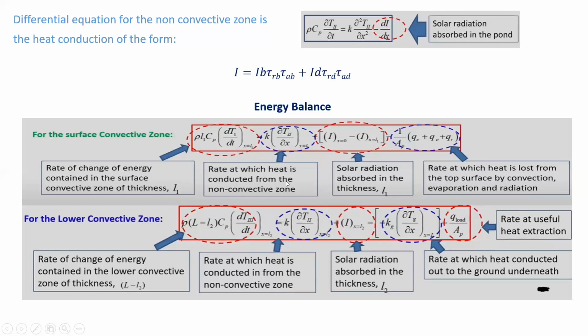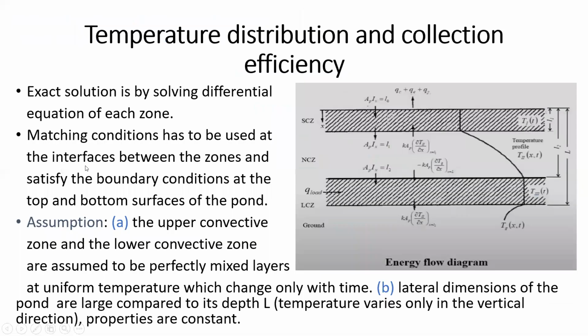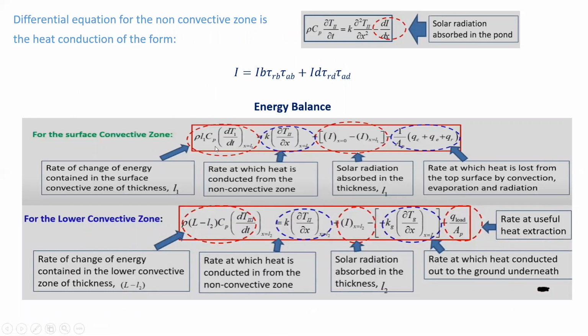The term K ∂T2/∂x at x = L1 is the rate at which heat is conducted from the non-convective zone.